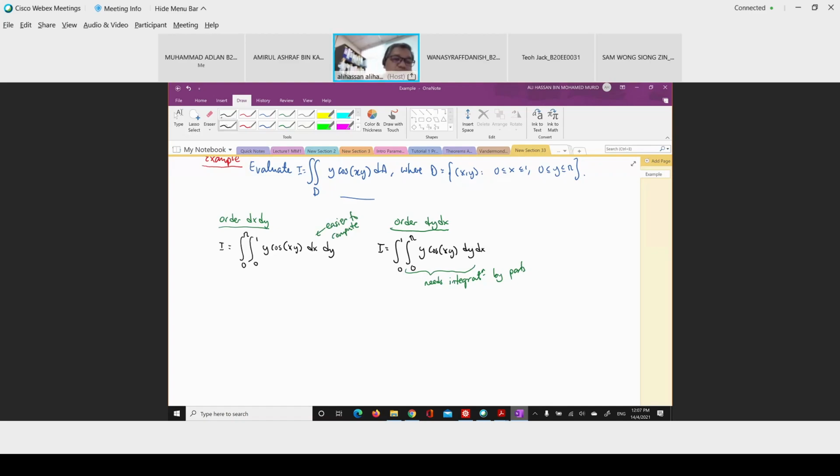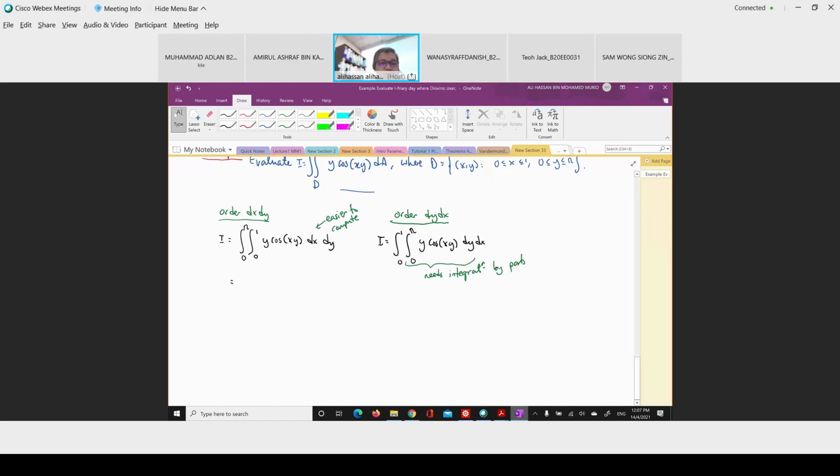Sometimes what one needs to do before evaluating double integrals is to consider which approach is better, or easier. So here it is now clear that the order dx dy is easier than the order dy dx.